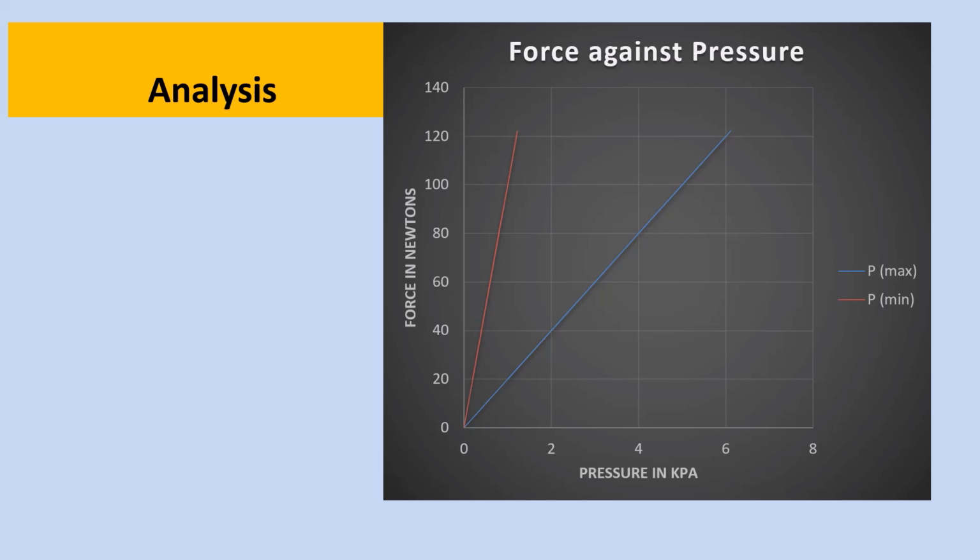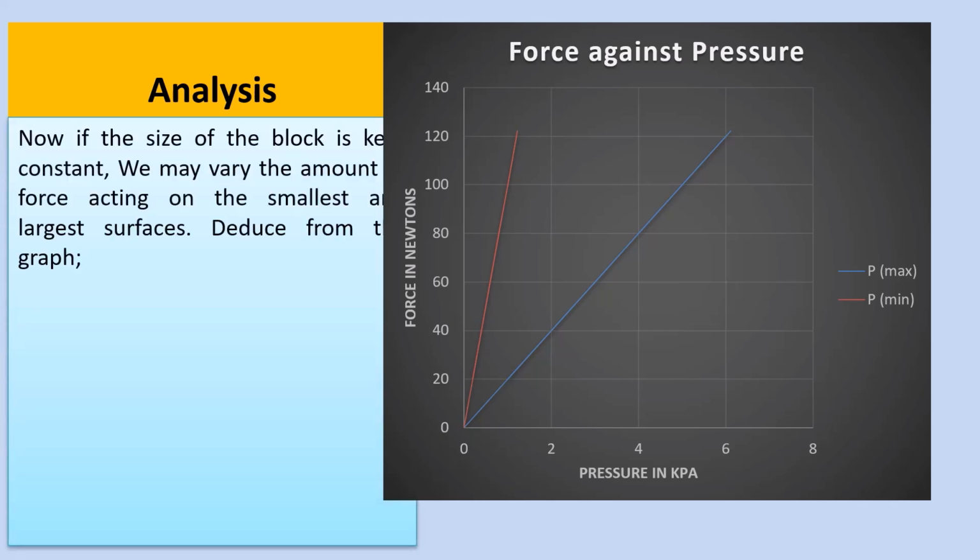We can get the pressure exerted by the force when the body is lying on its largest face. That's represented by the blue line, and the second one, when it's lying on its smallest face, is represented by the red line.